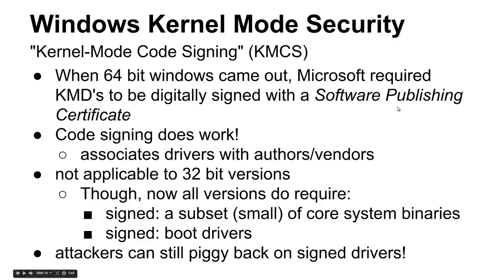In order for an attacker to abuse this, they essentially would have to get themselves a valid software publishing certificate, which, unfortunately for us defenders, is too easy for attackers.